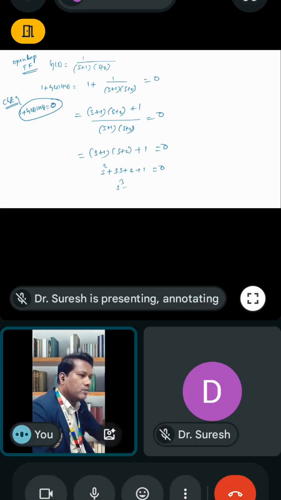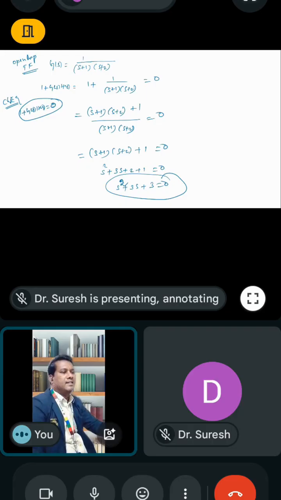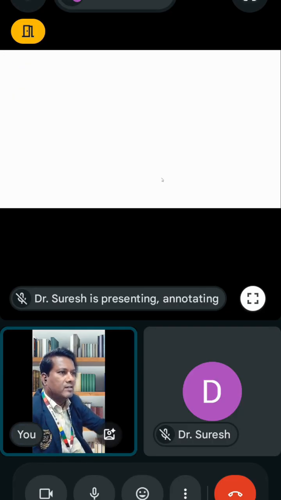Finally, s squared plus 3s plus 3 equal to 0. This is the characteristic equation of the given system.